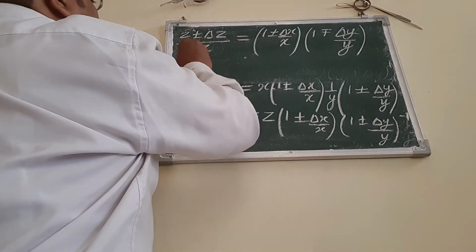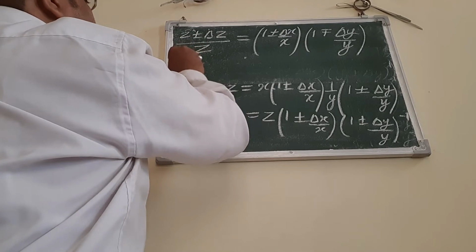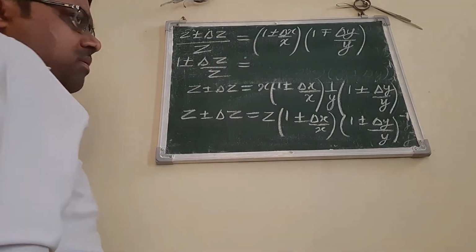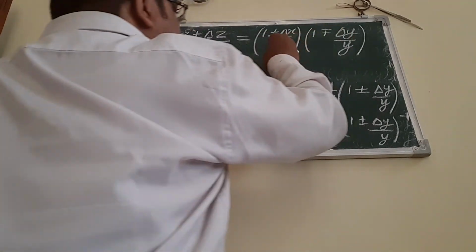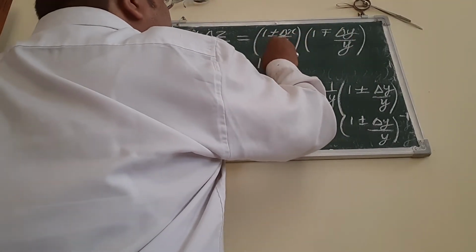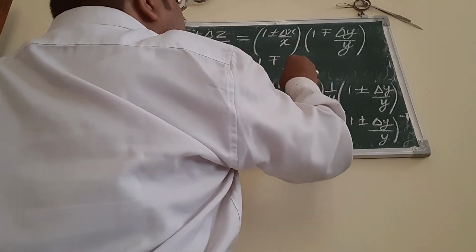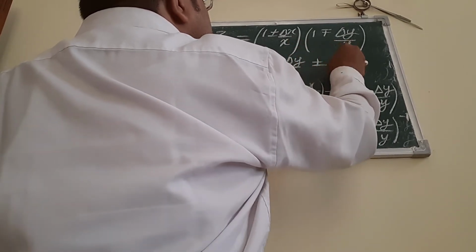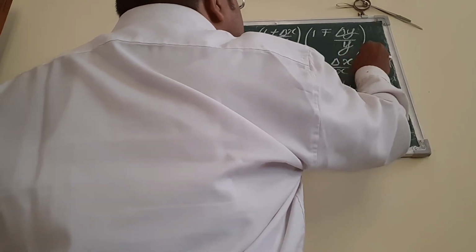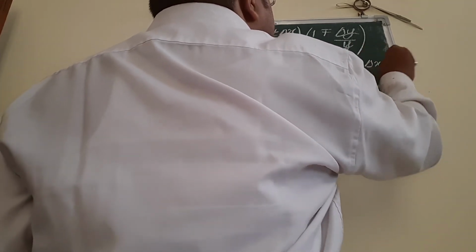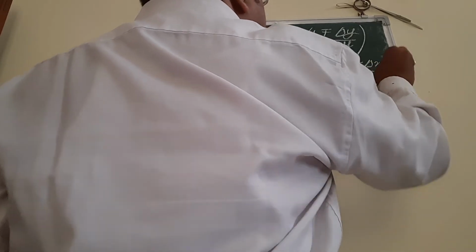Now simplifying, 1 plus minus delta z upon z equal to multiplying these two expressions, 1 plus minus delta y upon y plus minus delta x upon x plus minus delta x into delta y upon x into y.